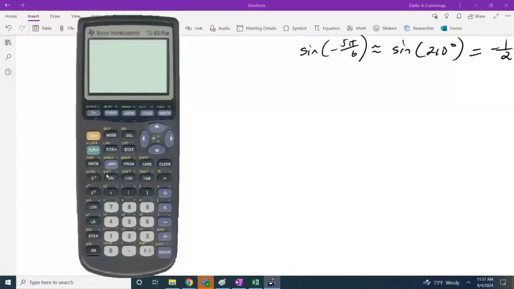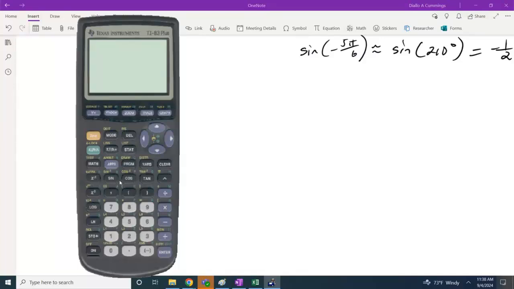This arc sine, that's not the cosecant. Above cosine, you have cosine raised to the negative first power. That is arc cosine or inverse of cosine. And then above tangent, you have tangent to the negative first power. That is arc tangent or inverse of tangent.